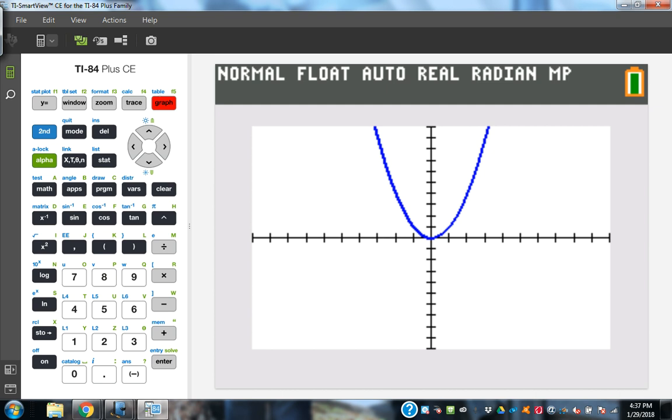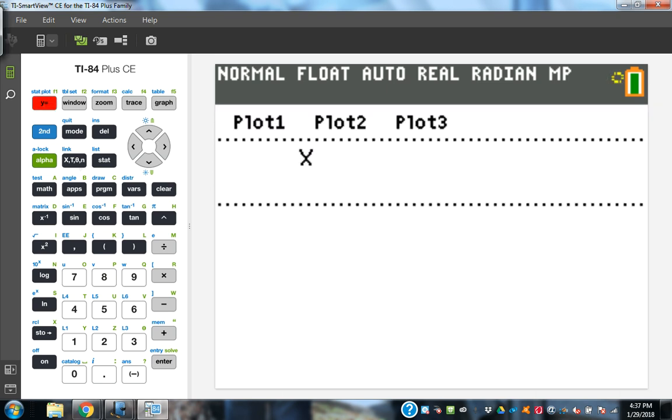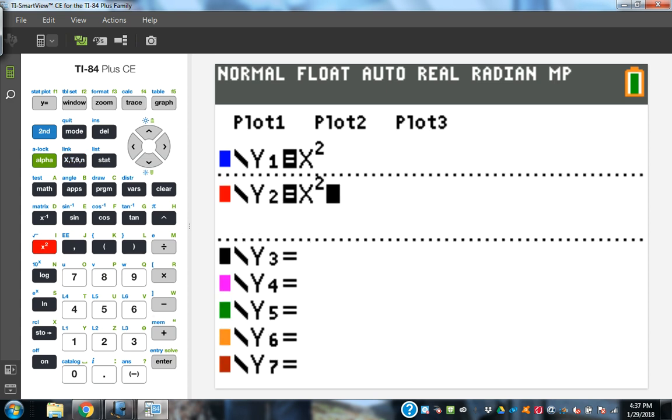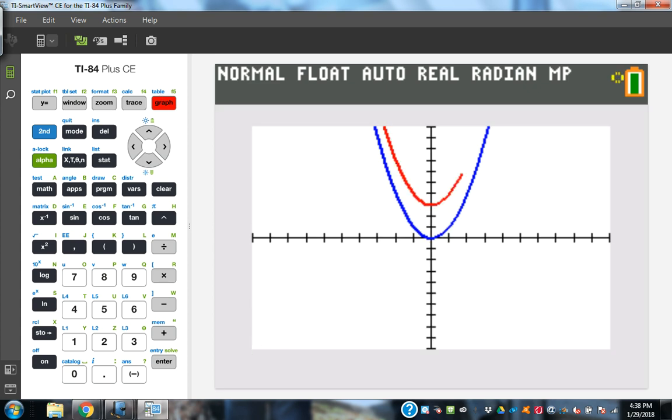If I add something to that, like on y2, I type in x squared plus 3, that should take that blue graph and shift it where? Up 3 units. It's just going to pick it up and move it up 3 units. So I hit graph, and there's the original. The red one is just taking this blue and going boom, boom, boom, 3 times, up 3 units. So it's a vertical shift.